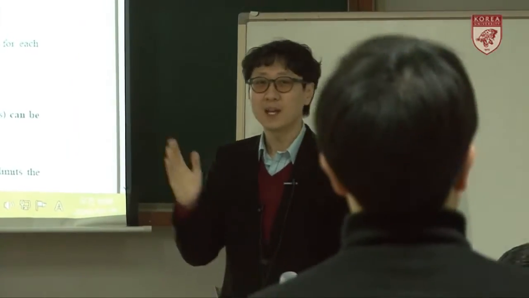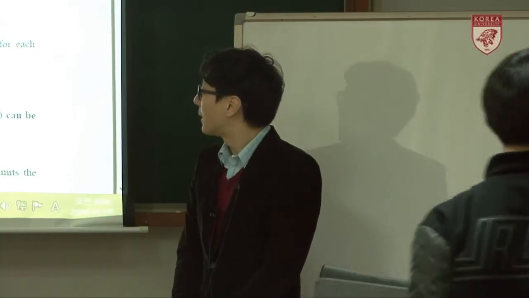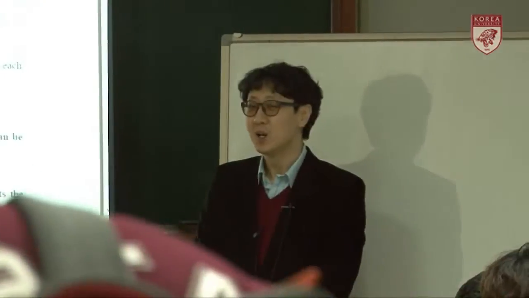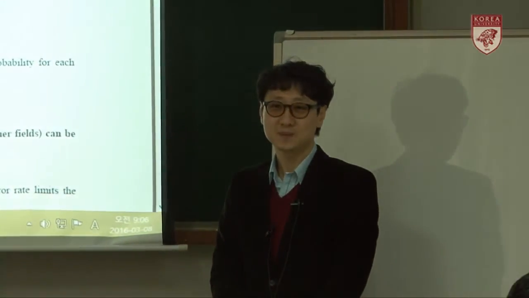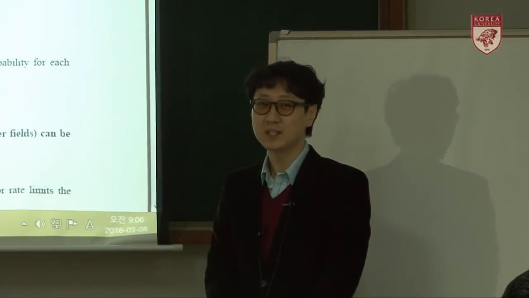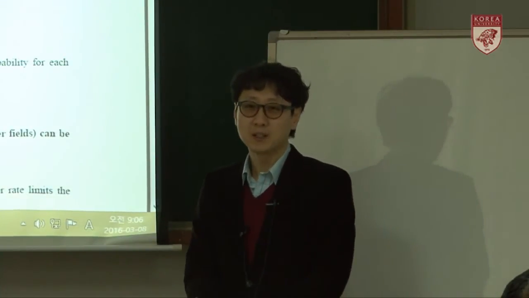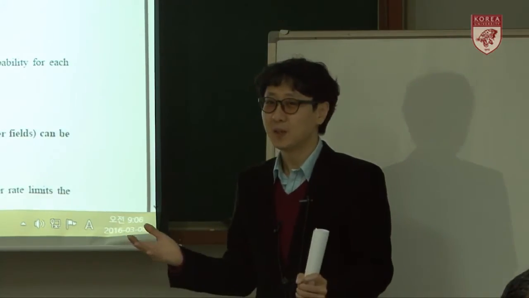However, there's another approach. The other approach is the probabilistic approach. That means we just model this coin as a fair coin. Then we assign some probability to each outcome.